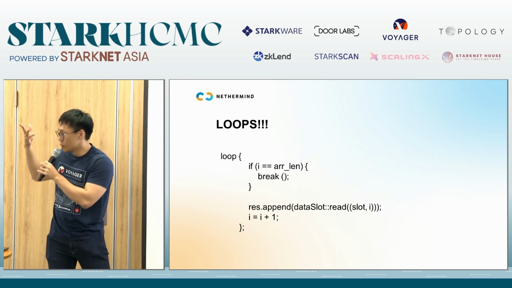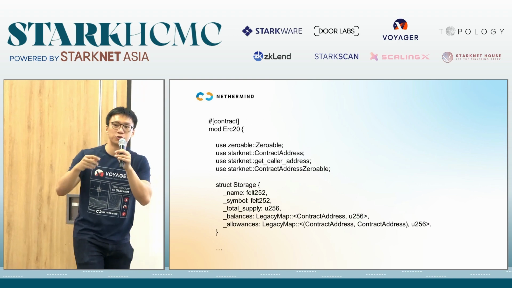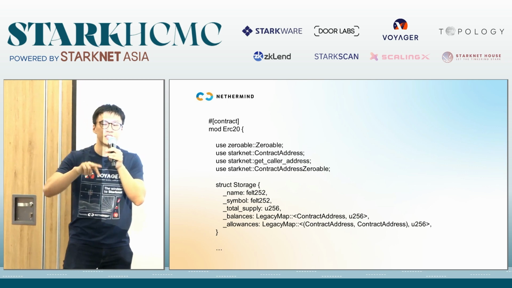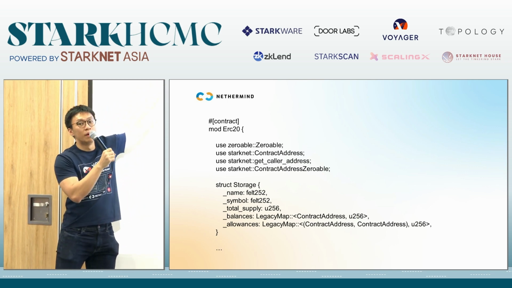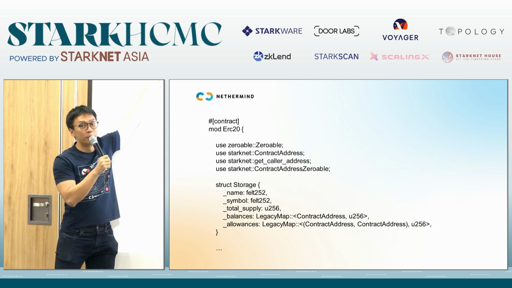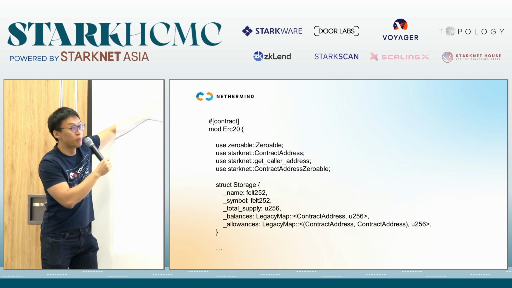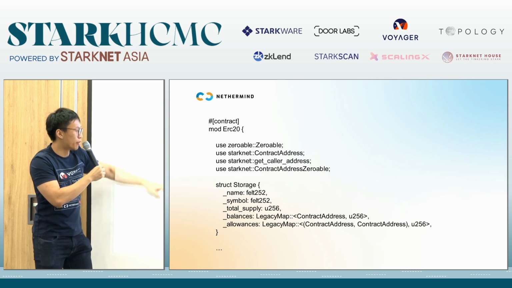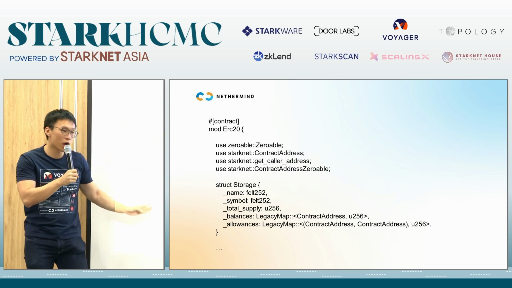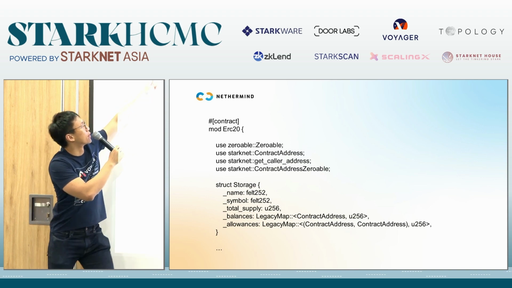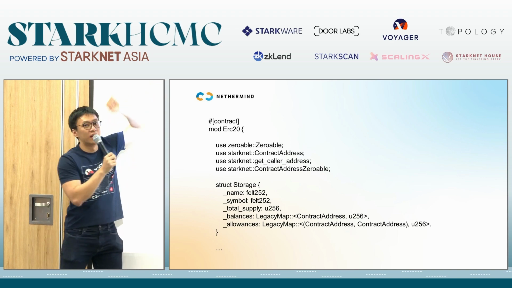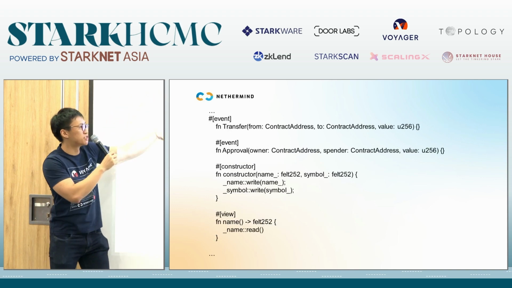So this is how it will look at the end of the day after we have manually converted our code from Solidity to Cairo. Contract header: remember that we have this mod and then we mark it with the contract macro. These are the imports that we have. The storage, we declare all that in a struct. The events go here, remember all the events have this macro. Of course, you can rearrange this into whatever form you want.